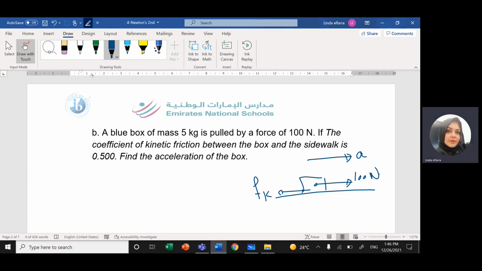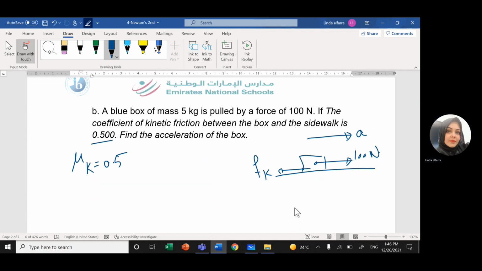I need to find the acceleration if the coefficient of kinetic friction, or dynamic friction, between the box and the sidewalk, mu k, equals 0.5. There is no unit for the coefficient of friction because it's a ratio between the friction and the normal force.